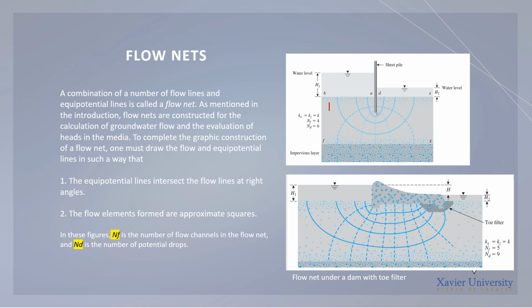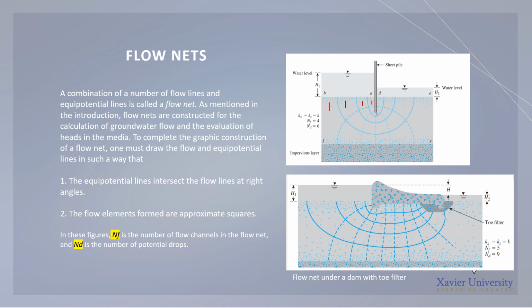We have 1, 2, 3, and 4, no? So that is 1 flow channel, 2 flow channels, 3 flow channels, and then this small one, the fourth, or 4 flow channels.